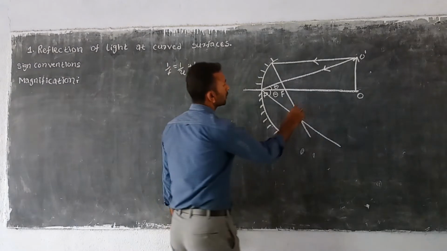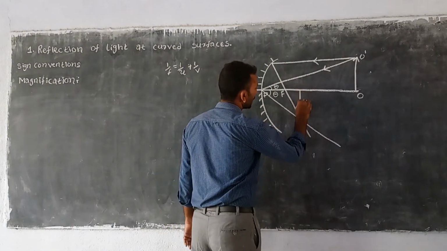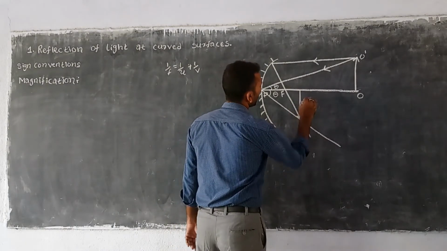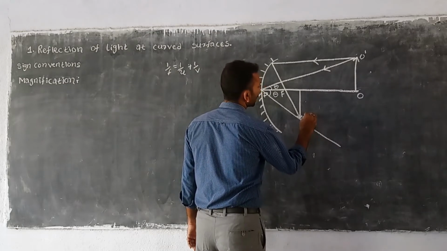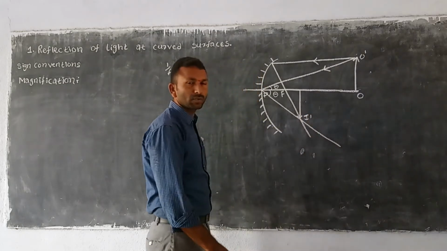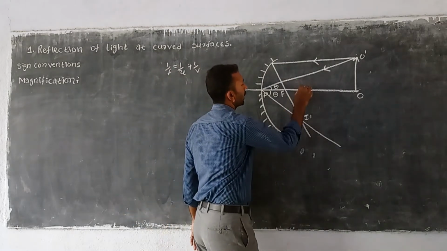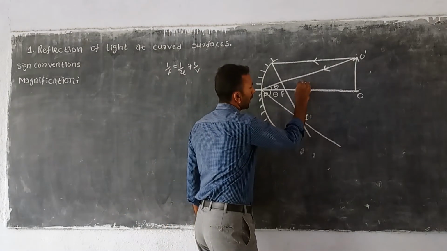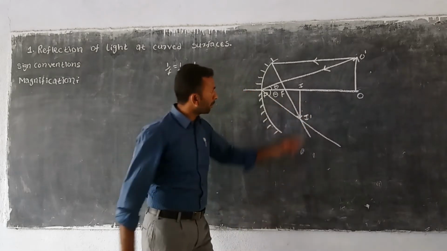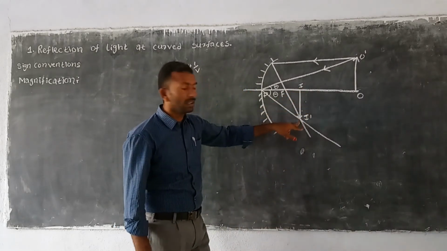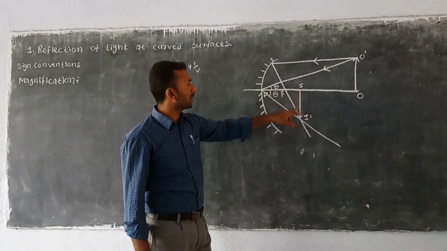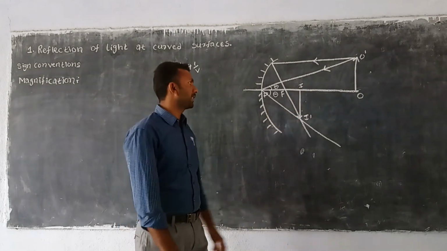These two light rays intersect each other at point I dash. We draw the normal line from I to I dash, from the principal axis to the intersecting point, and this will be the image of the object.